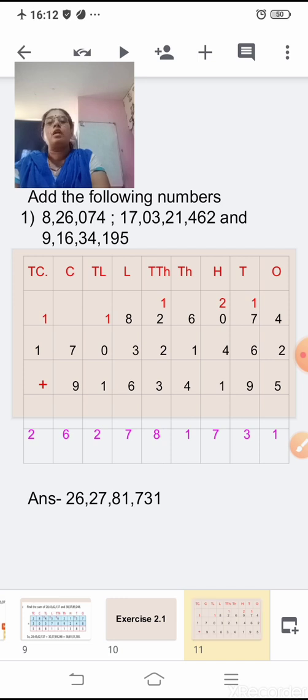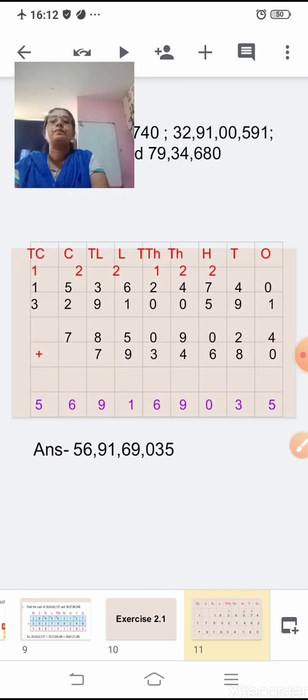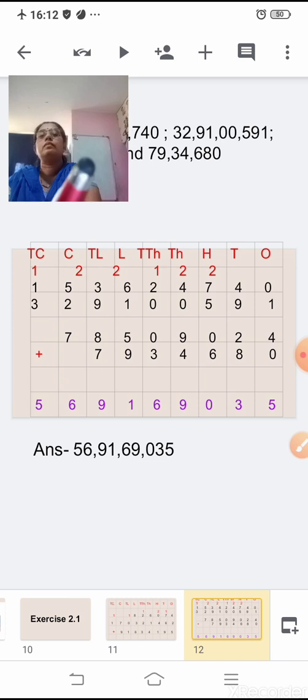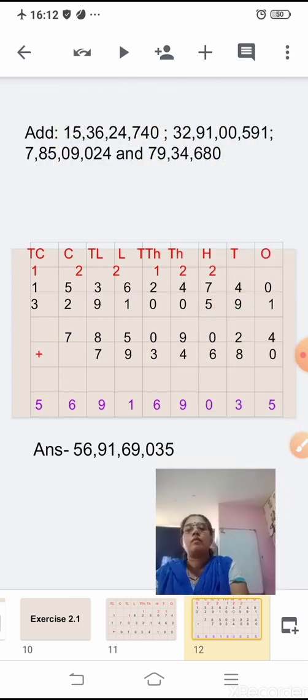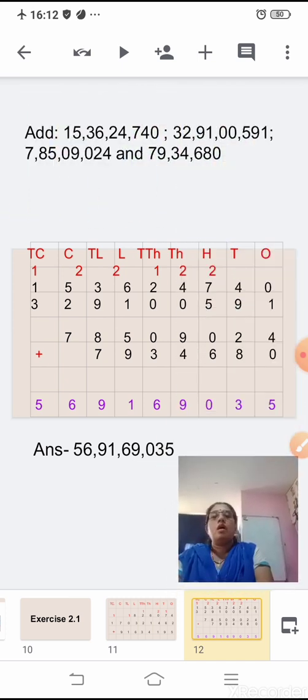Okay, now coming to the next sum. Here the first number is a 9-digit number. The second number is also a 9-digit number. The third is an 8-digit number, and the fourth number, here there are 4 numbers to be added, is a 7-digit number.